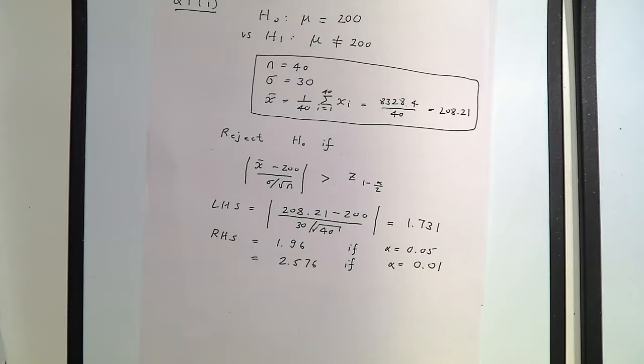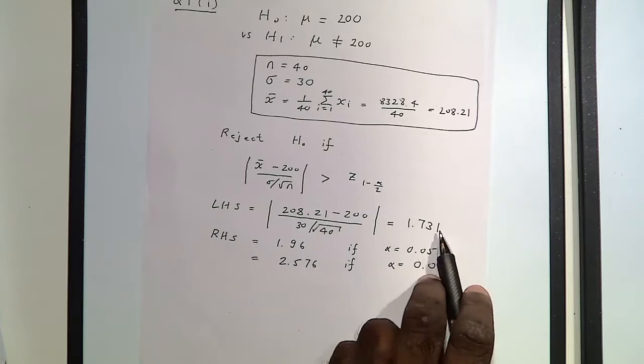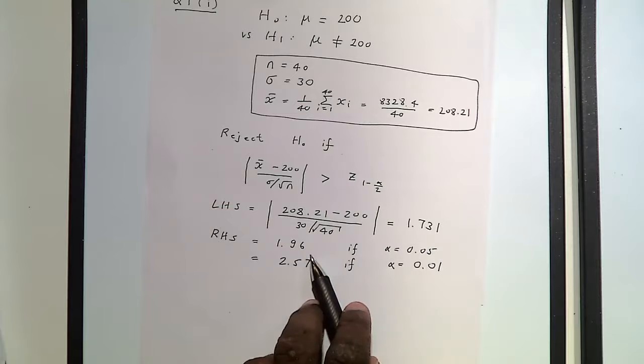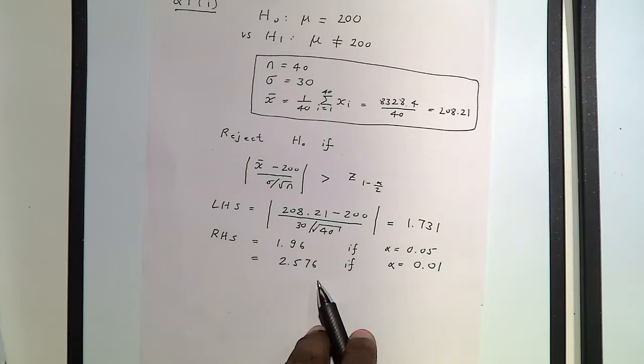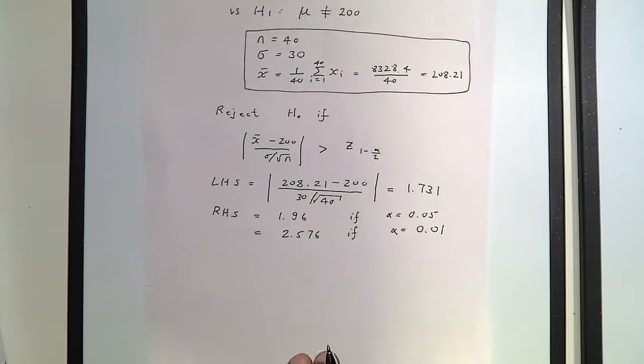So remember, the question is asking you to consider 2 different values for alpha, right? Now you need to compare the left hand side with the right hand side. 1.731 is less than 1.96, and it's also less than 2.576. So the conclusion is the following.